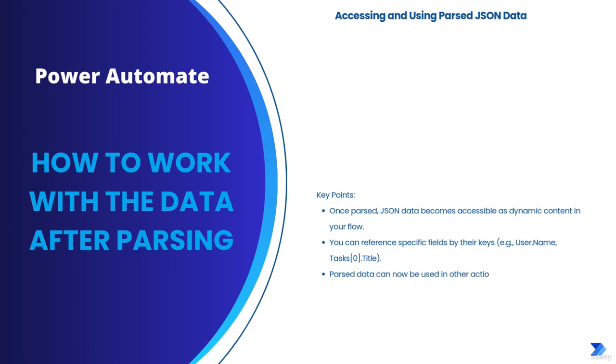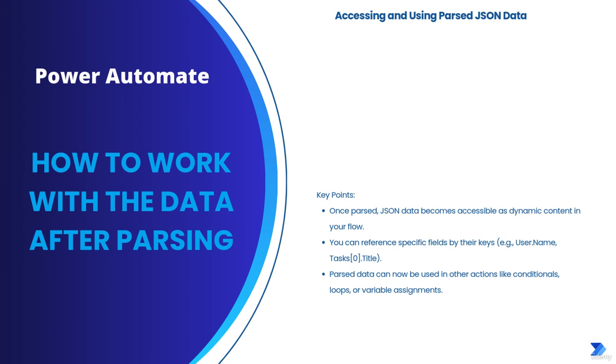When building your flow, look for the parsed values in the Dynamic Content panel. Select and use individual fields, like user.name, wherever you need them, whether you're sending an email, storing values in a SharePoint list, or making a decision in a conditional block. With the data now parsed, you can integrate it easily into various Power Automate actions.